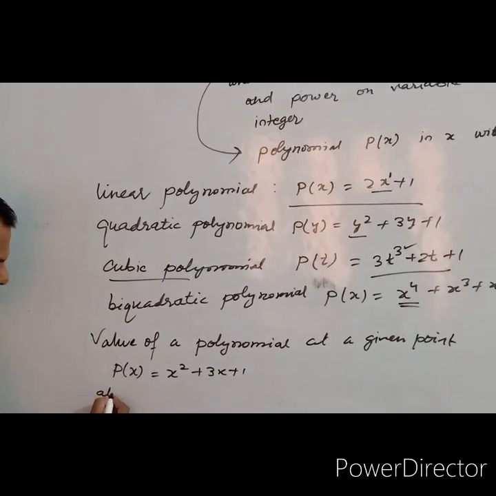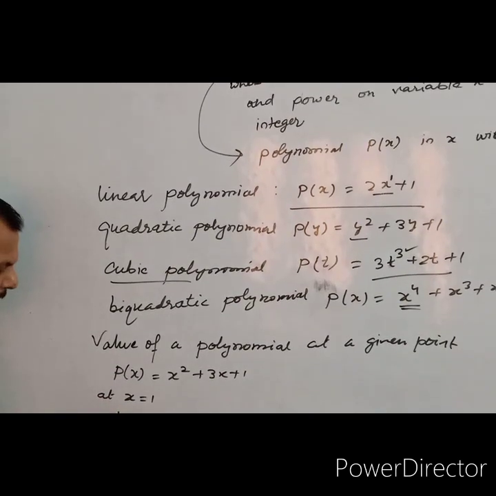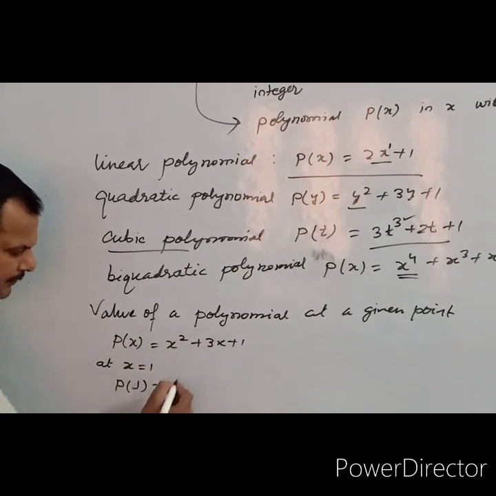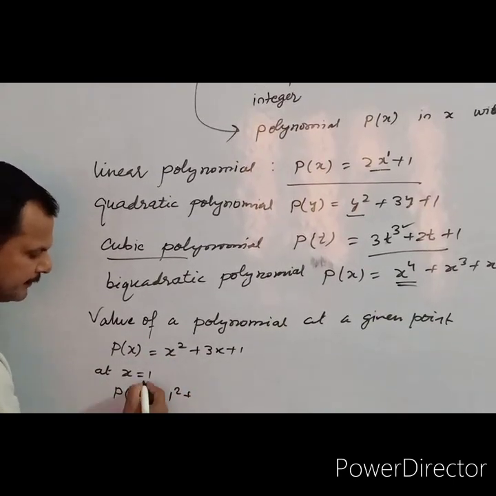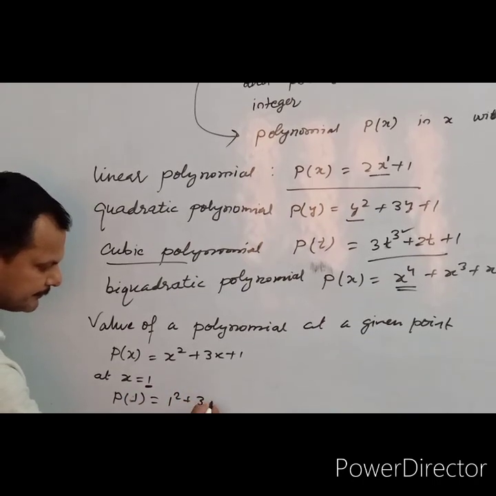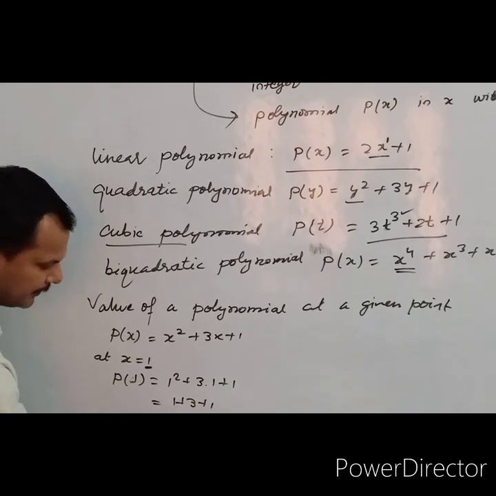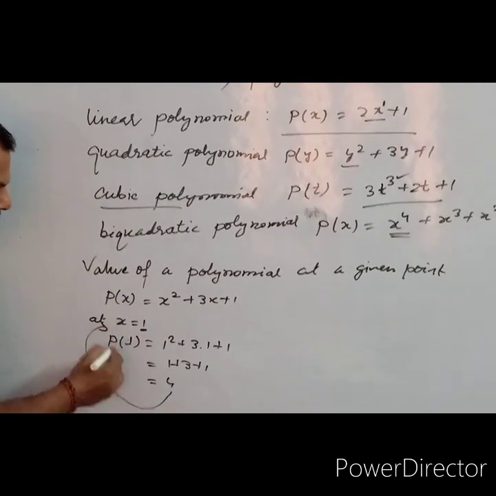At x is equal to 1, what will be the value of the polynomial? You have to replace x by 1, and whatever solution comes will be the value of the polynomial at 1. 1, 3, 1, 4. So the value of the polynomial at 1 is 4.